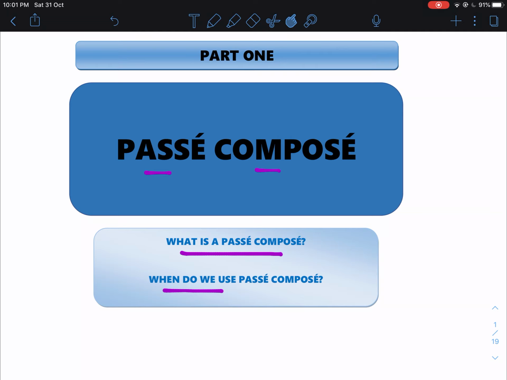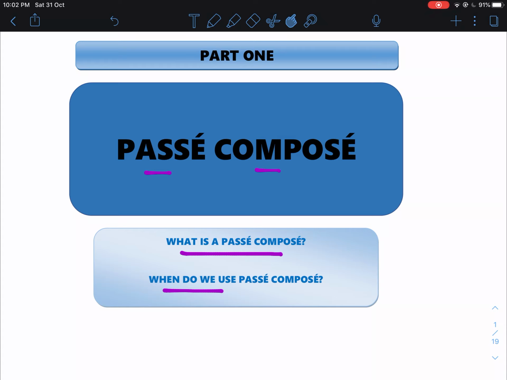It is the past which is not that far. For example, last weekend, last week, and even last month. And if you are talking about what occurred in your childhood, for example, which happened a long time ago, we will not be using Passé composé. We will be using another tense which is imparfait.